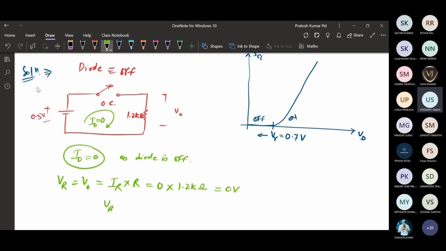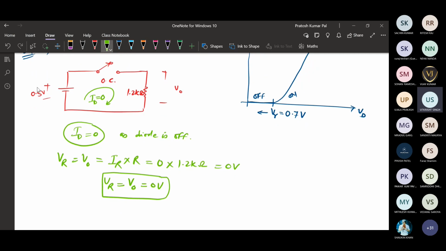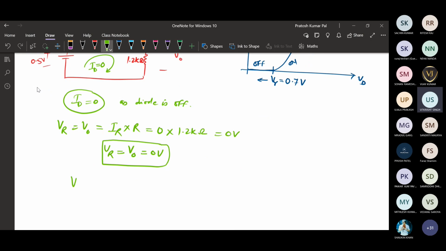So the voltage drop across the resistor, given by V output, will be equal to 0 volt. If the voltage drop across the resistor is 0 volt, what will be the voltage drop across the diode?